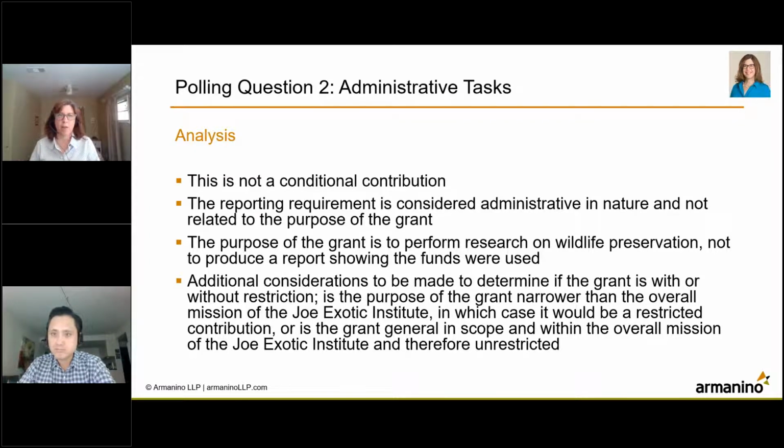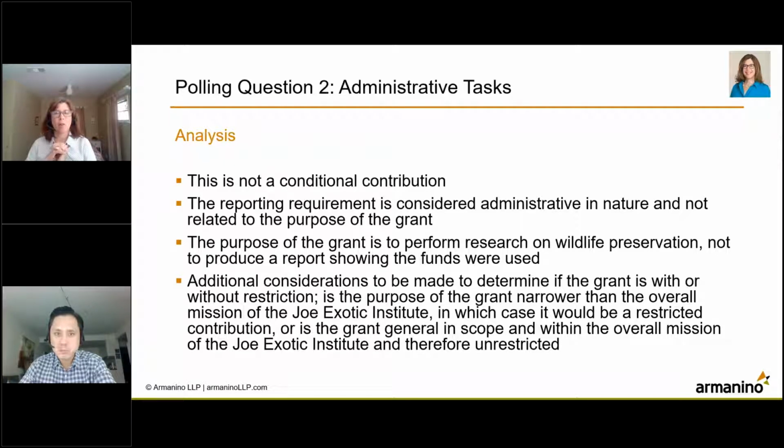It's not a stipulation related to the purpose of the agreement. The purpose of the grant is to perform research. It's not to produce a report on how the funds were used. If it were a research report, then that might be a different story. So the remote thing was a red herring.